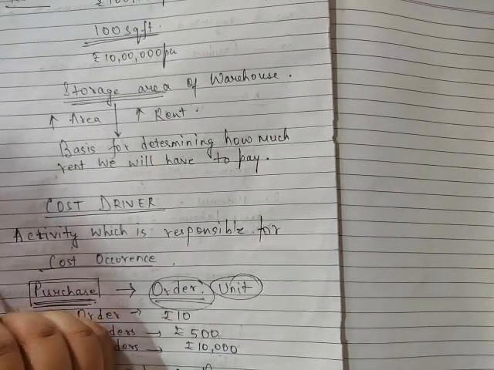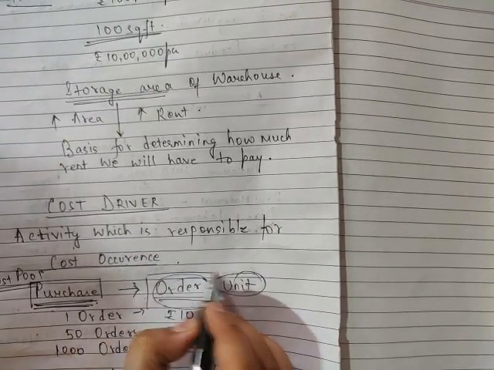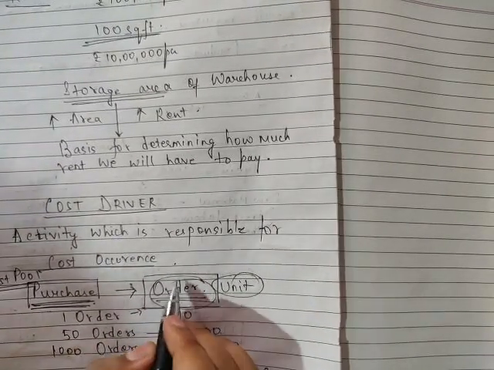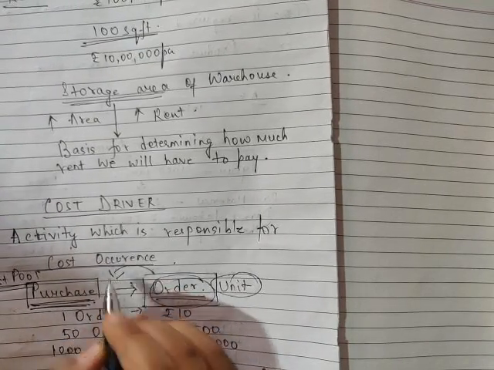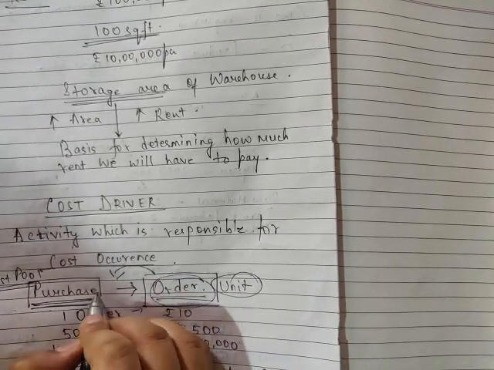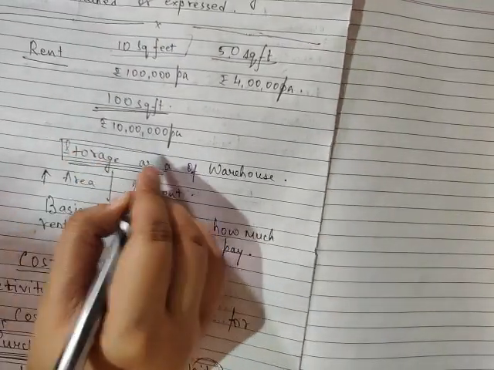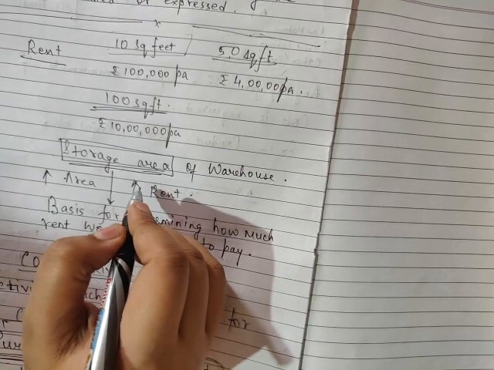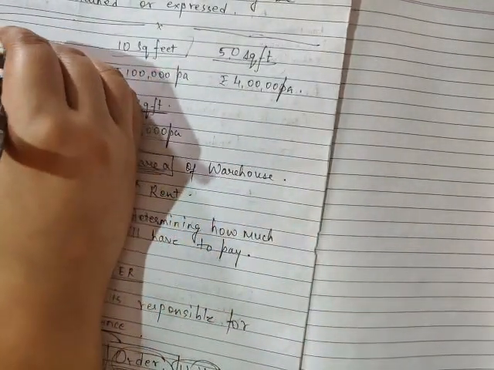Purchase is the cost pool, that is the cost which is being incurred, and number of orders is the cost driver, that is the factor which is resulting in an increase or a decrease in this cost. Similarly, storage area was the cost driver which was resulting in an increase or decrease in the cost, that is rent.